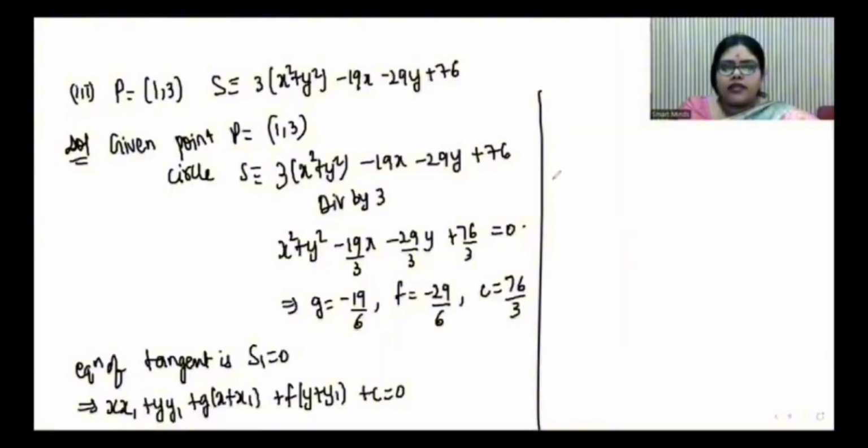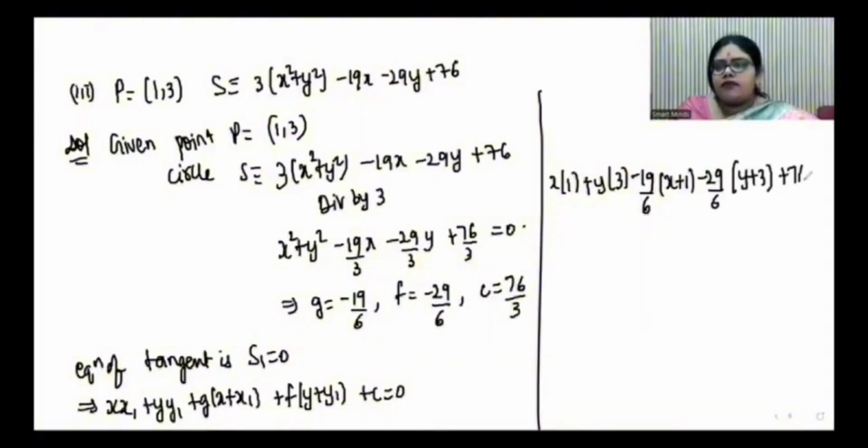Now we substitute x into 1 plus y into 3 minus 19 by 6 into (x plus 1) minus 29 by 6 into (y plus 3) plus 76 by 3 is equal to 0.